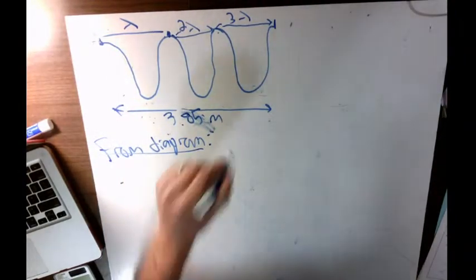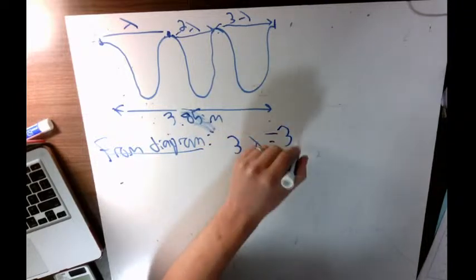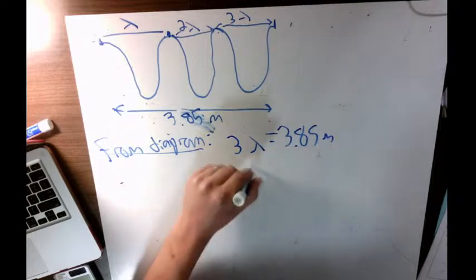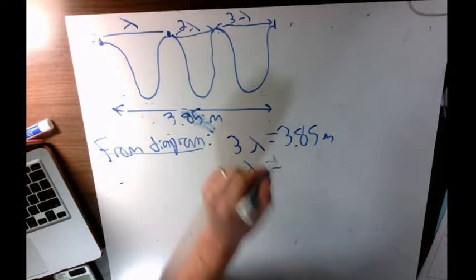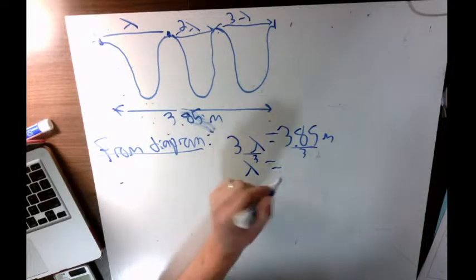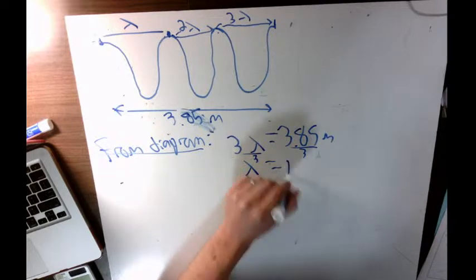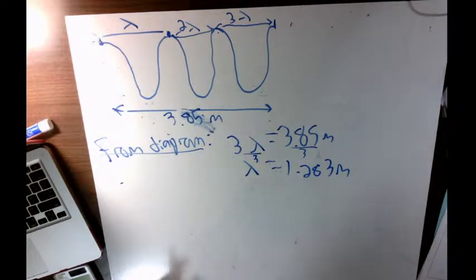We have 3 wavelengths equal to 3.85 meters. One wavelength would be 3.85 divided by 3. We're trying to isolate for one wavelength. So we get 1.283 meters as our wavelength.